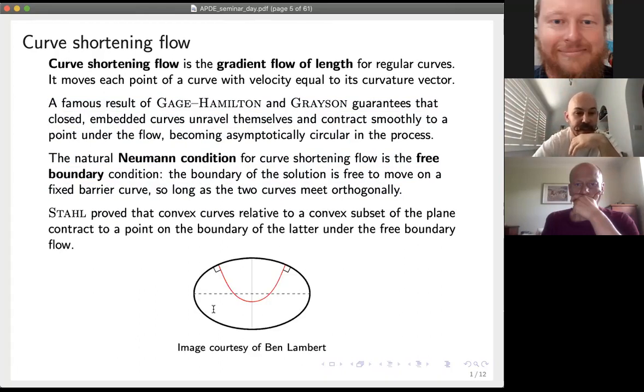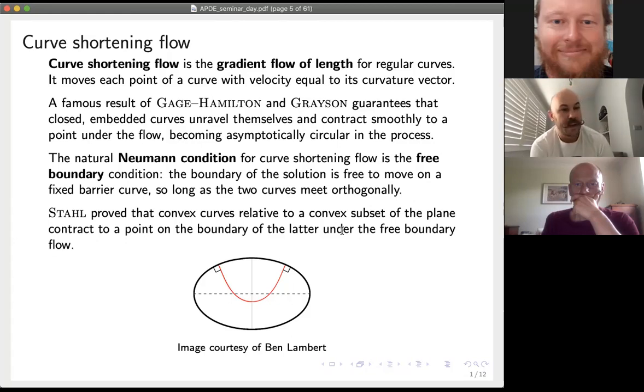There's a picture here that I stole from Ben Lambert's website. You can see this curve is inside this convex set and meets the boundary orthogonally. Several people have developed the free boundary version of curve shortening flow, mostly focused on the higher dimensional setting.